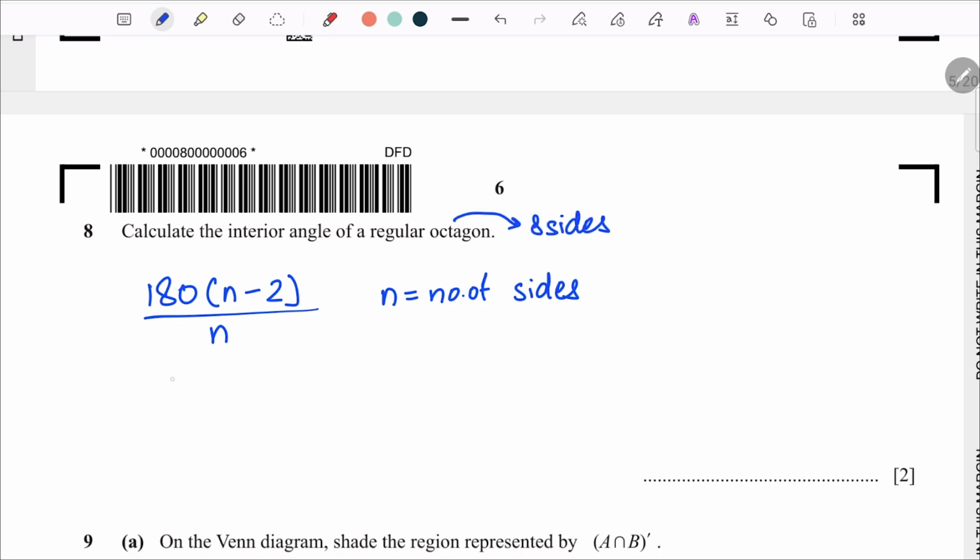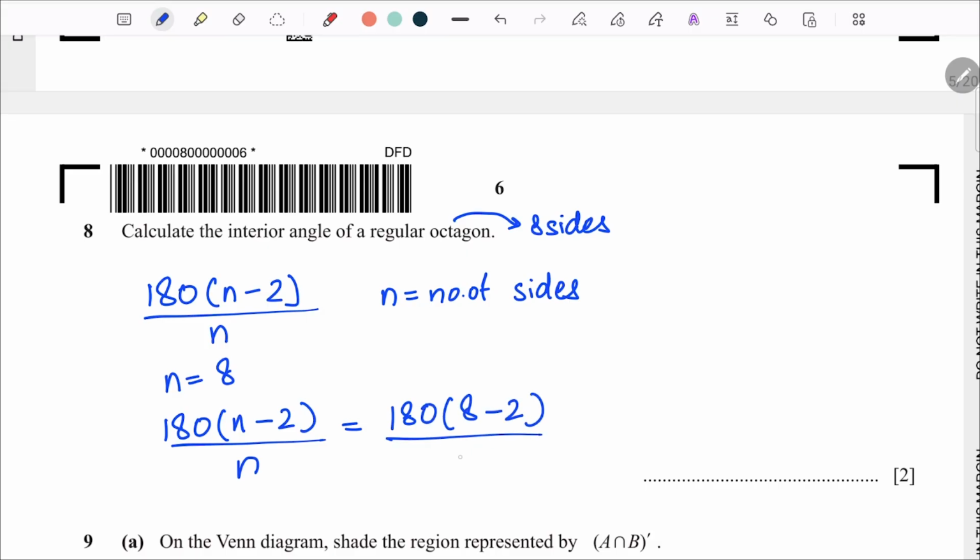So here n will be equal to 8. We'll input 8 into the formula: 180 bracket 8 minus 2 divided by 8, and the final answer will be 135 degrees. So one angle of a regular octagon is equal to 135 degrees.